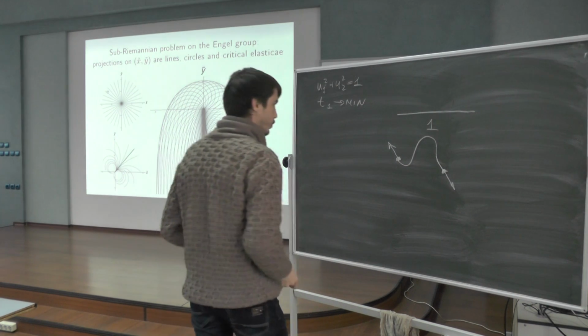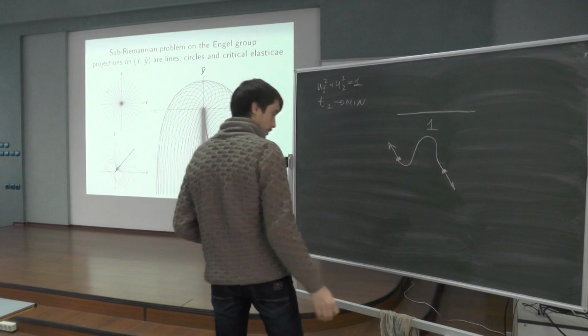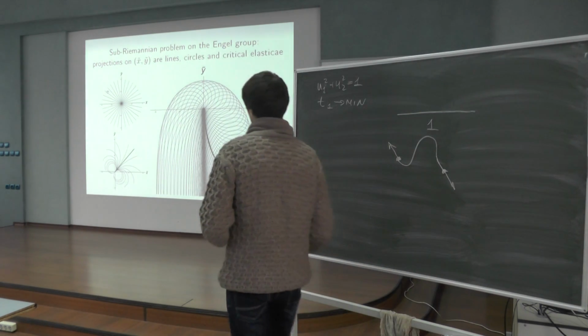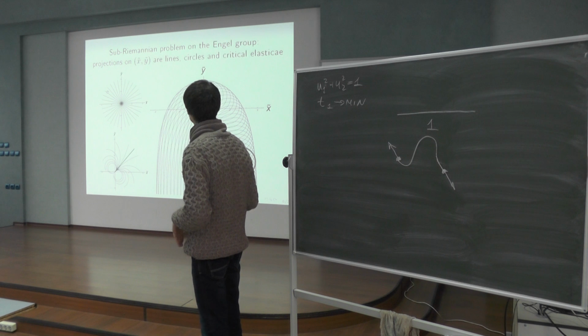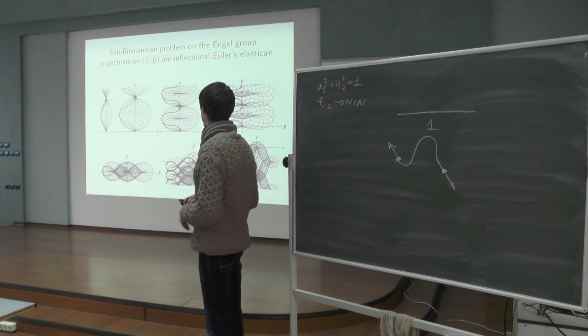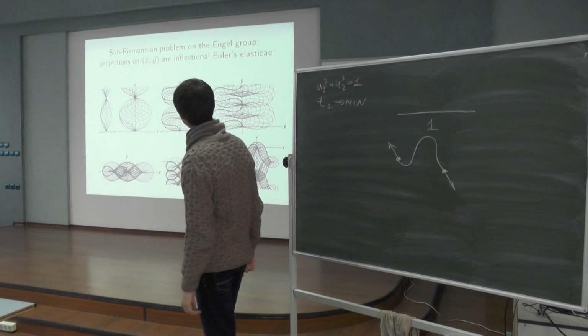So this is a classical problem, and the solutions are Euler elastica, and in this problem Euler elastica also gives us optimal trajectories. So in the general case we have two types of trajectories.